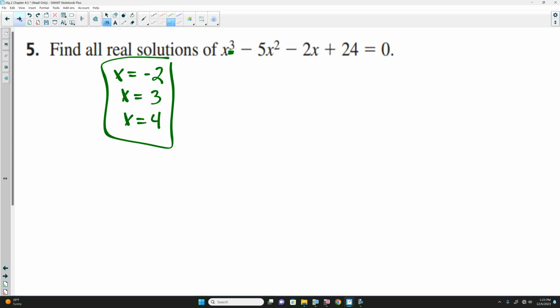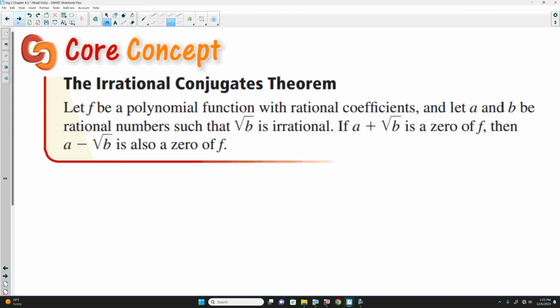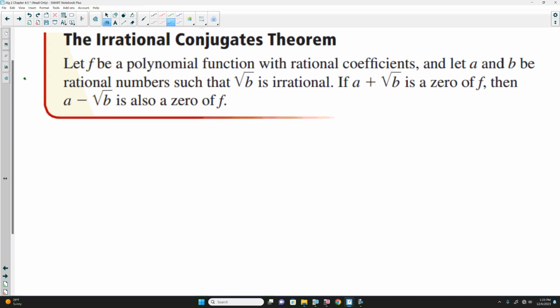All right, guys. Here we go. Last theorem we're covering with this section was 4-5. Irrational conjugate theorem.